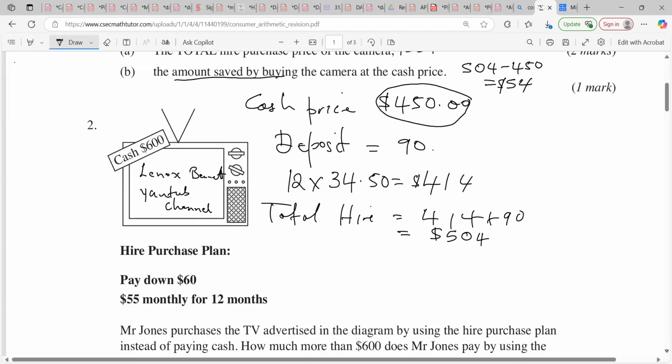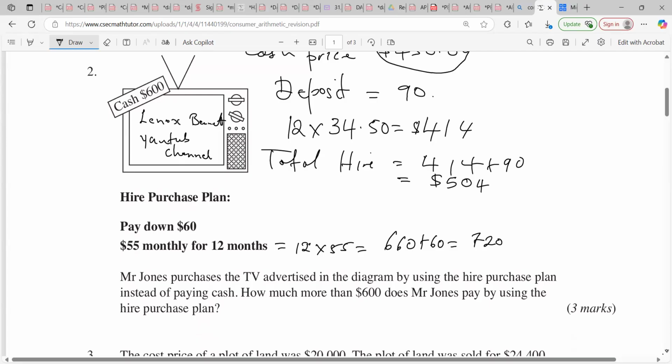Now it's basically the same thing as that one there, right? We pay down 60, so 60. So we need to get the grand total, which is 55 times 12. So 55 times 12 will give us $660, plus the initial deposit of 60. So that will go to $720.